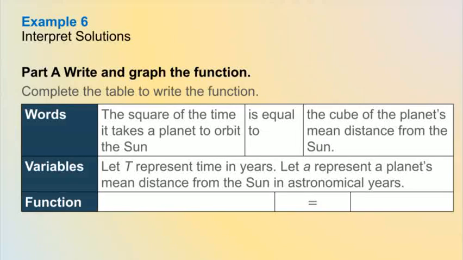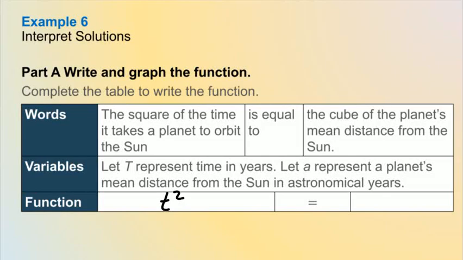So part A, write and graph the function. The square of the time it takes the planet to orbit the sun is equal to the cube. So let t represent the time in years. The square of the time would be t squared, and let a represent the planet's mean distance from the sun in astronomical units, is equal to the cube of the planet's mean distance.